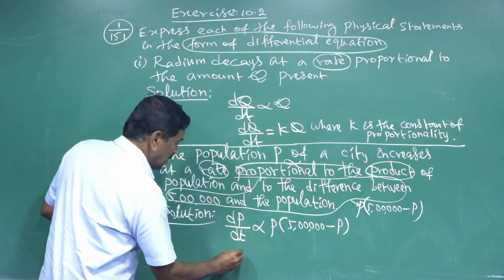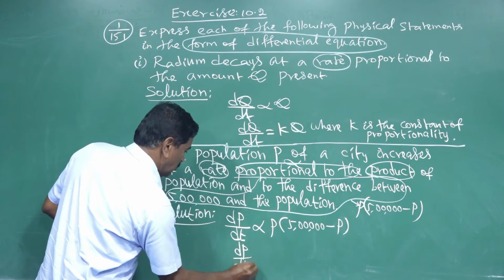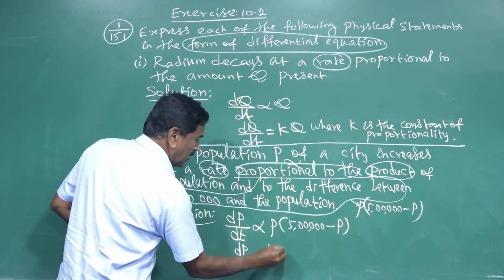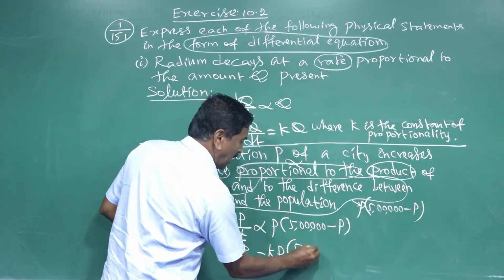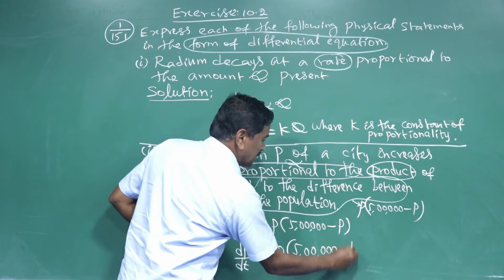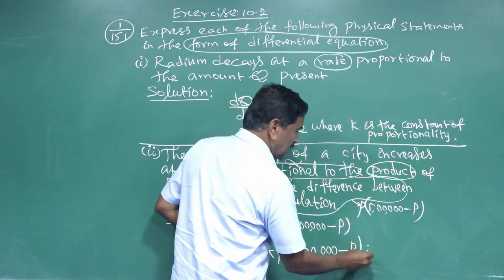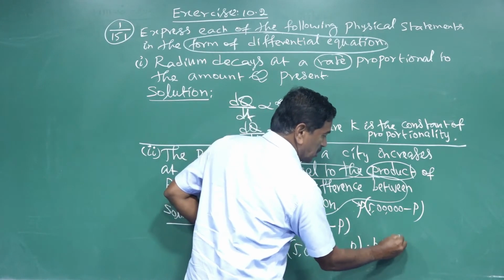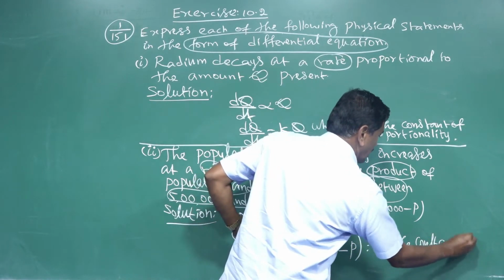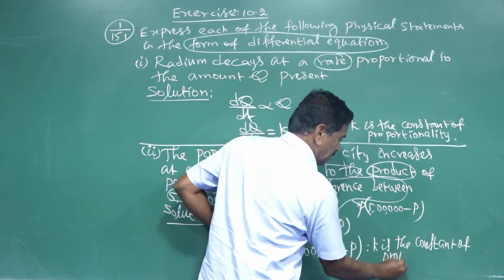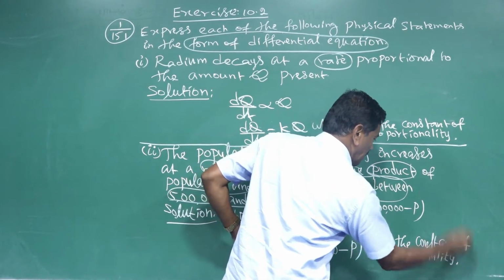Now your answer is given by dP by dt is equal to k into P of 5 lakhs minus P, where k is the constant of proportionality. So ends the answer.